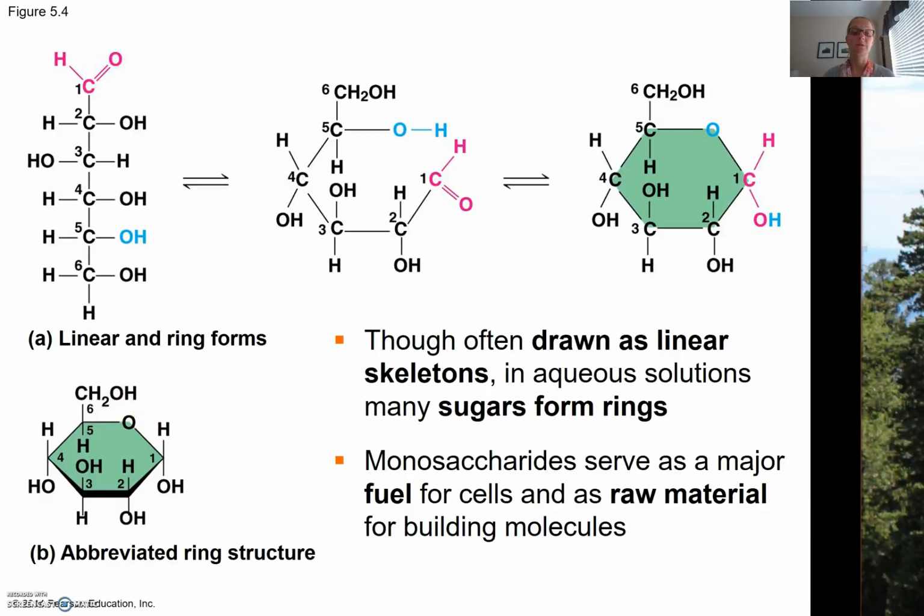The other thing you'll notice about the abbreviated structure is that it has that fat line on the bottom. And this is essentially trying to show you that that ring structure is actually three-dimensional. It's hard to do this when you're looking at it on a two-dimensional medium like a screen.